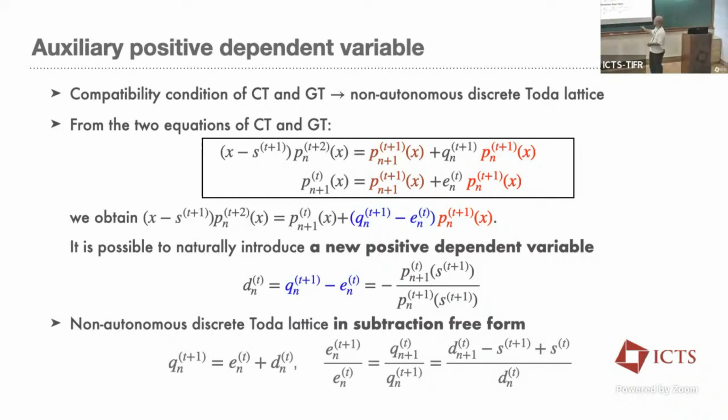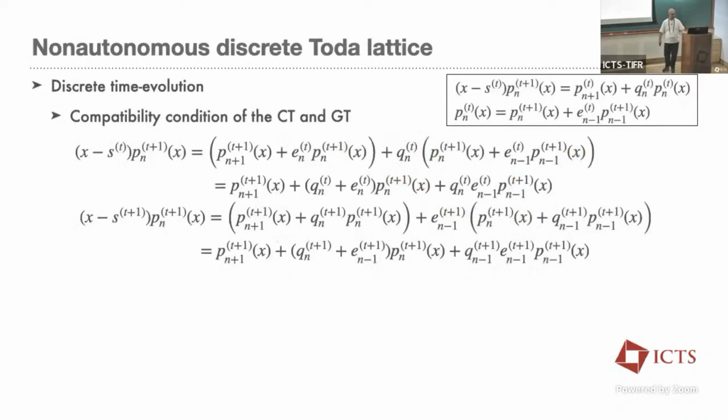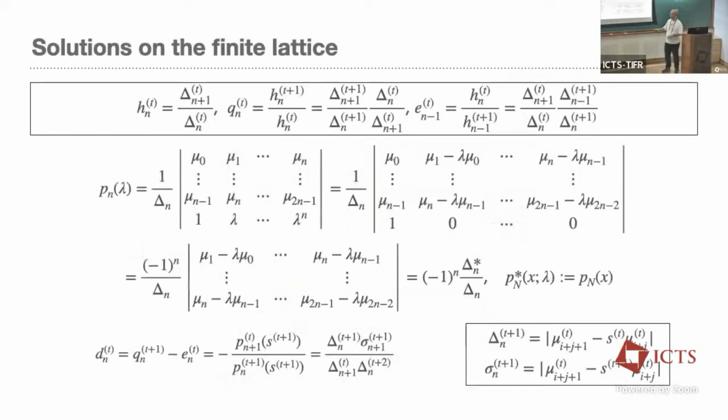And then this term should be written in this form. Yes. After that, by using this formula, slightly different. Lambda is lambda_t or s_t. Yes. But the previous one, d_{n,t}, you have to put s_{t+1}. It's a shifted one. Yes. So this sigma means the choice of spectral parameter. The order is slightly different.